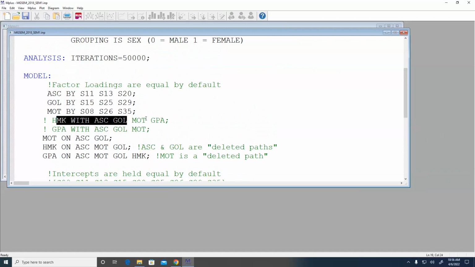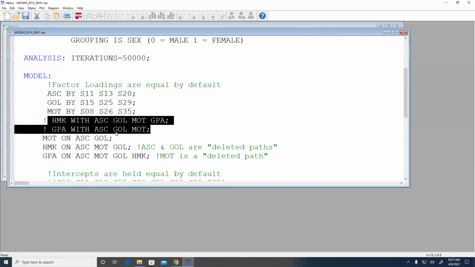Yeah, all of these are actually by default. Well, actually, it's not totally true. It is true that the exogenous variables are correlated by default. This is actually exclamation pointed out because I think it's from my measurement model. Remember, in the measurement model, all the variables were exogenous and I had correlations among them, which I really shouldn't have had to say because they would have been correlated by default.